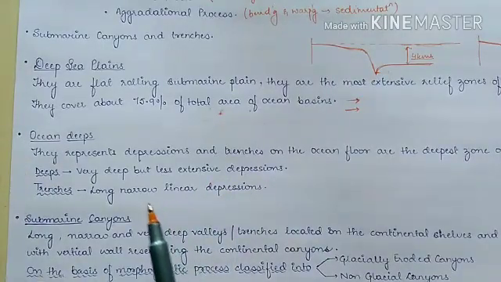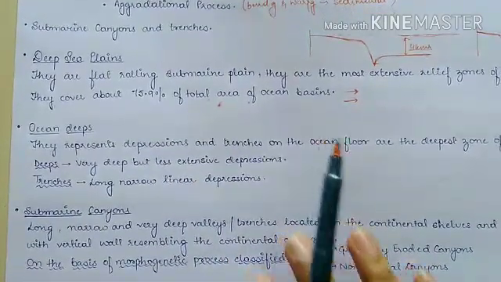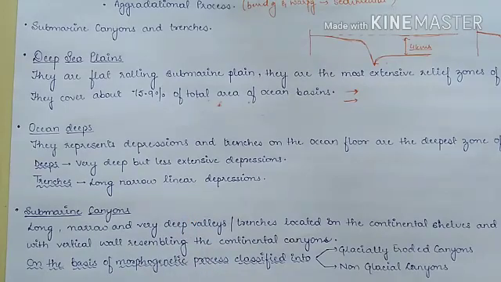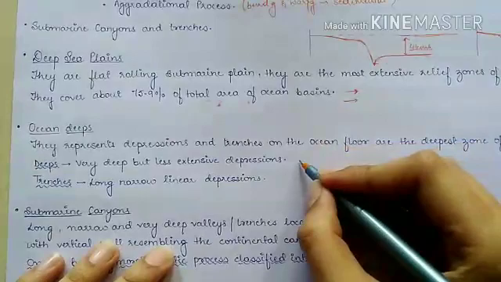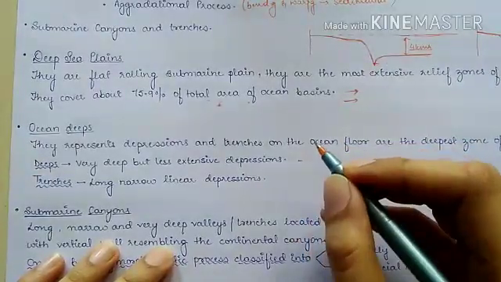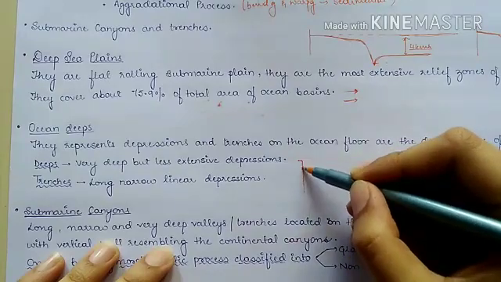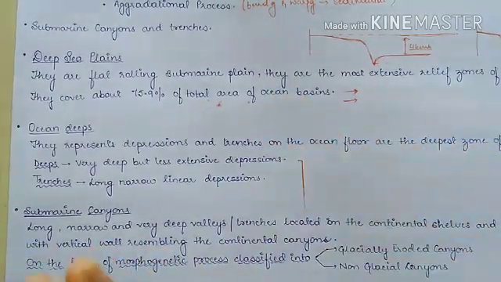Then we have trenches, which are long, narrow, and linear depressions. Both of them are characterized by very steep slopes, and sometimes their rise is almost vertical, so they are like this, almost vertical.